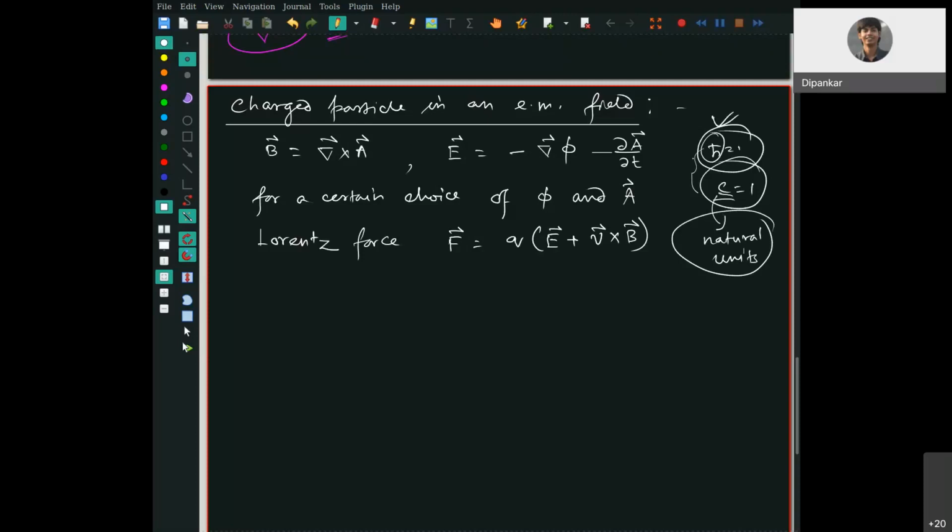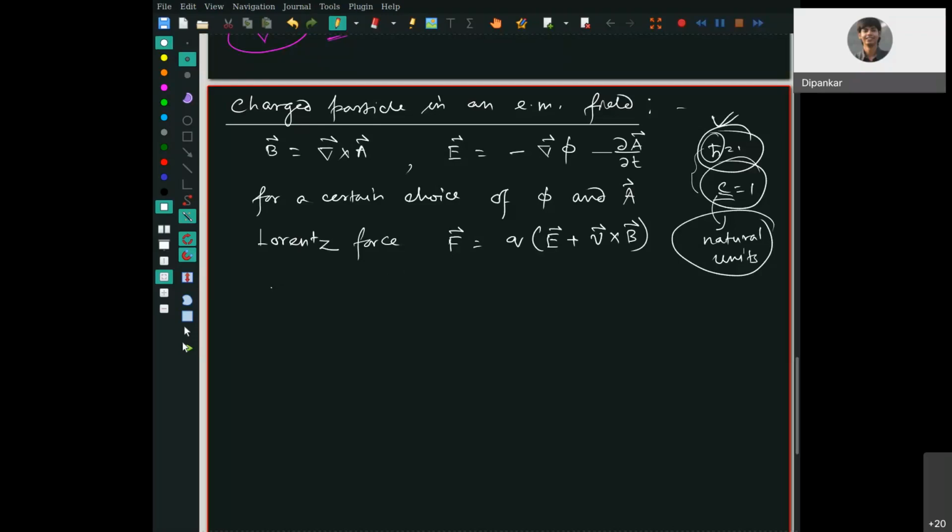So if you say your angular momentum is 1, that means it's 1 times h cross. So these are what I mean by natural units. You set h cross equals 1 and c equals 1 in all your expressions that you get in your SI units. All right. So this is my force law.